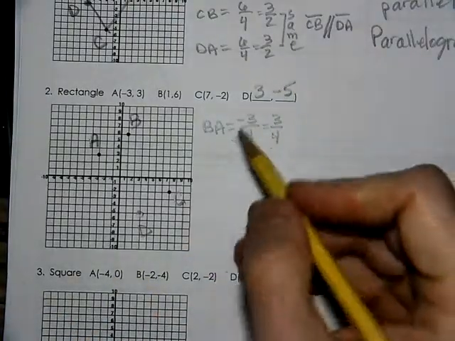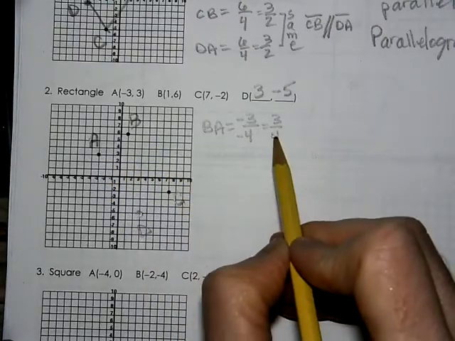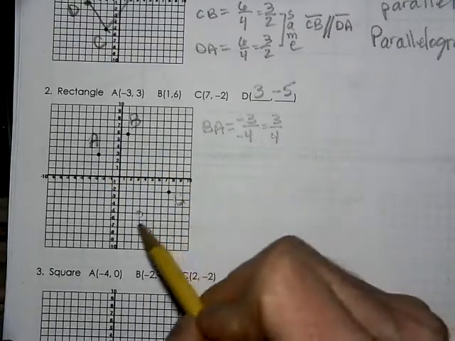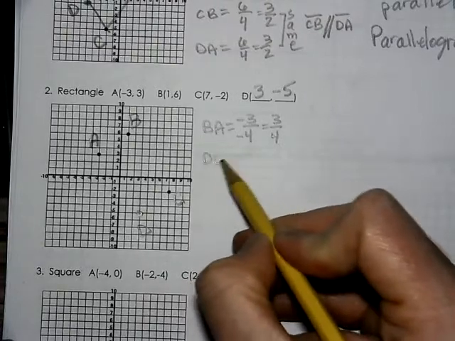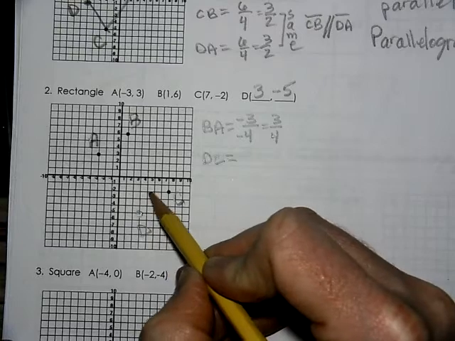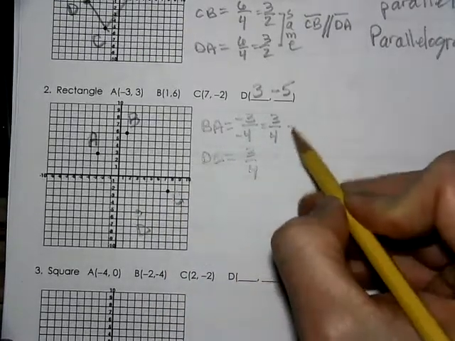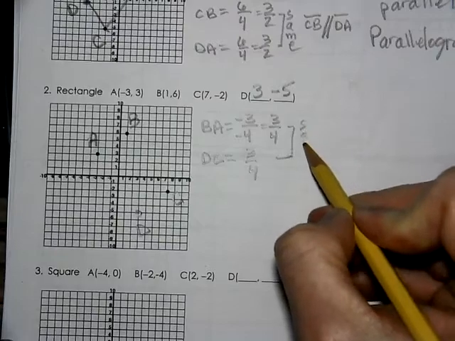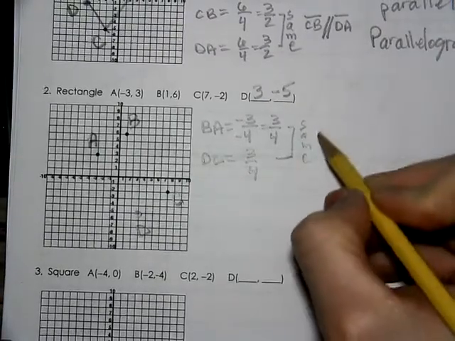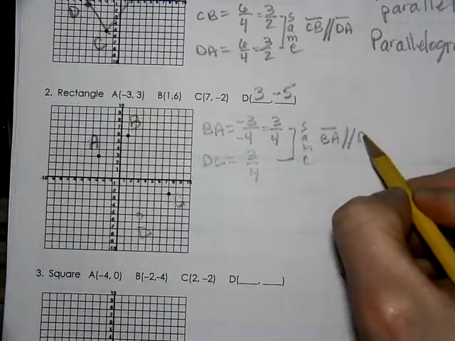So AB or BA has a slope of 3/4. DC has a slope of 3/4. They're the same, so BA is parallel to DC.